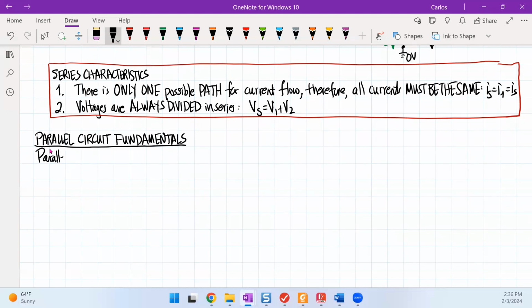Parallel elements have two common nodes connecting both elements. Of course, we could have more than two.